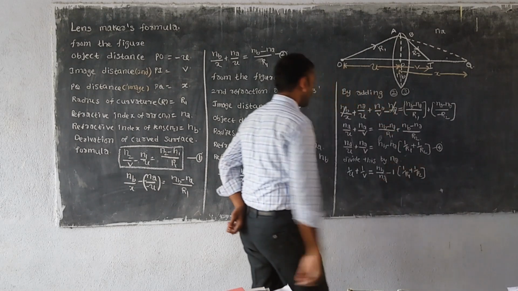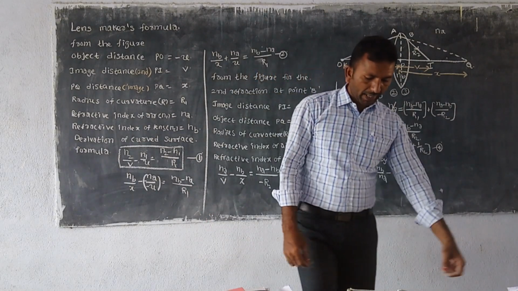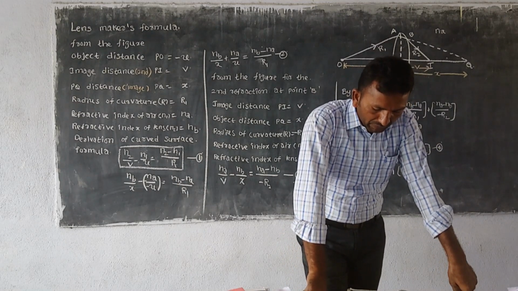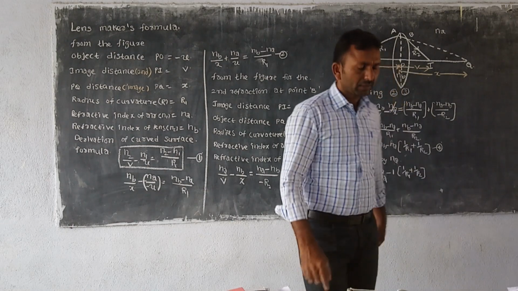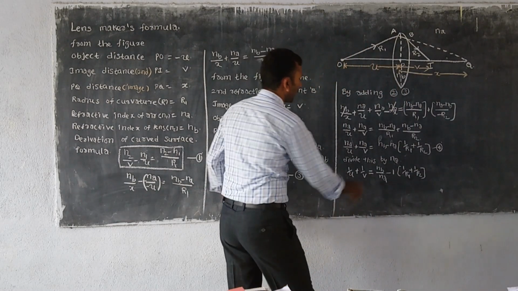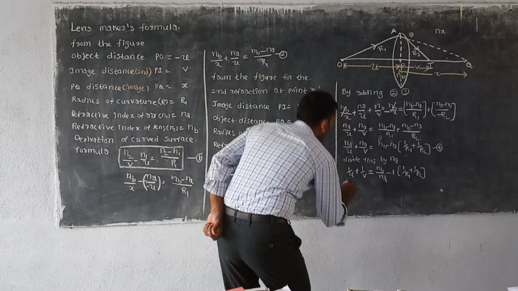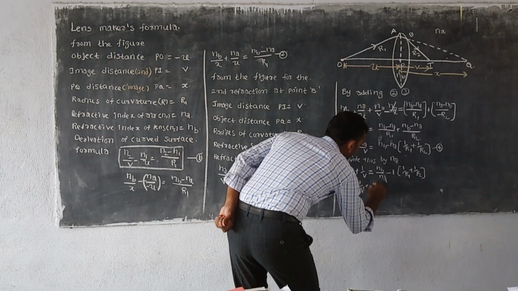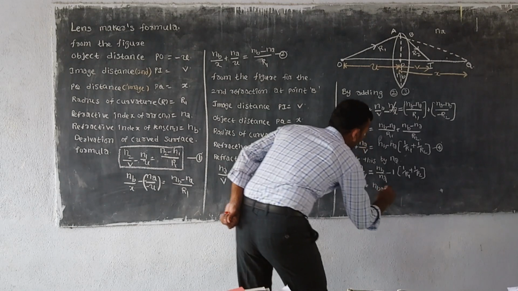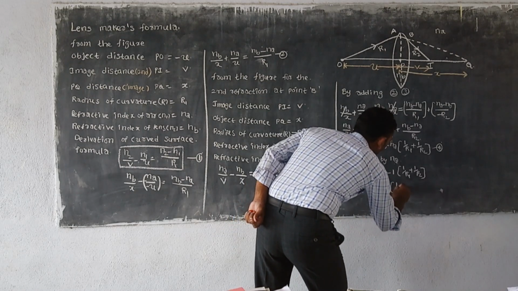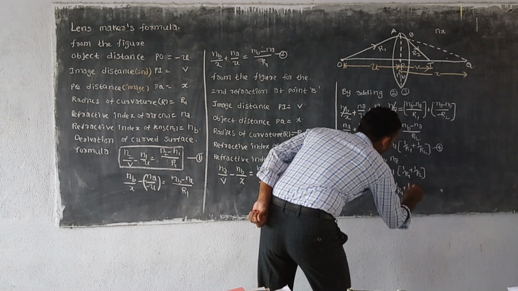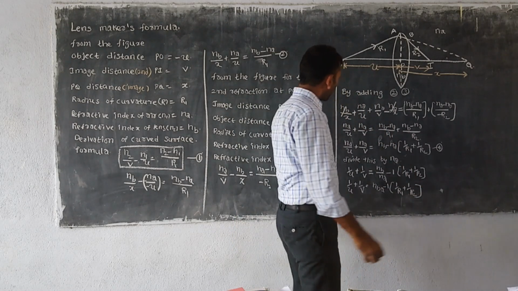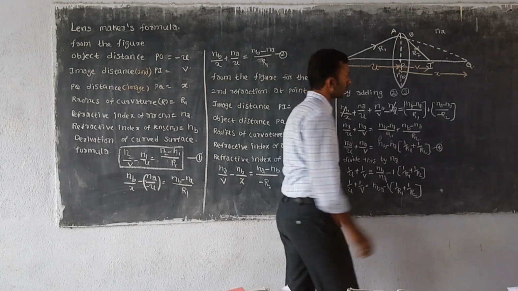Here we know that NB by NA equals NBA, called the refractive index of the lens with respect to the surrounding medium. That means 1 by U plus 1 by V equals NBA minus 1 into 1 by R1 plus 1 by R2.